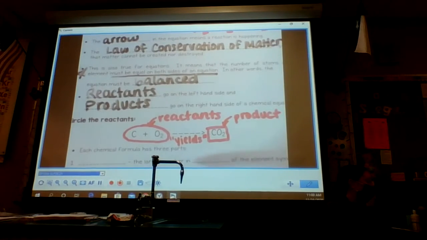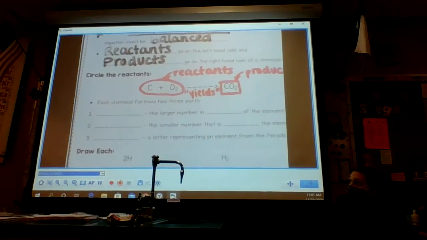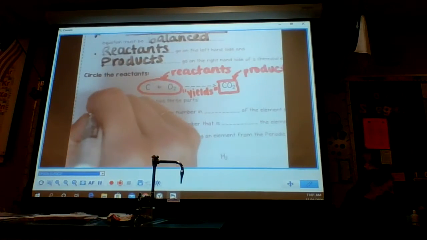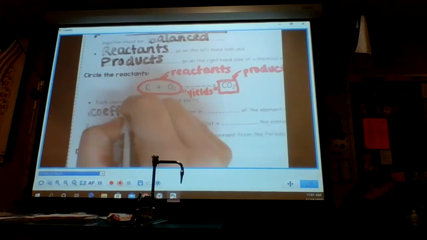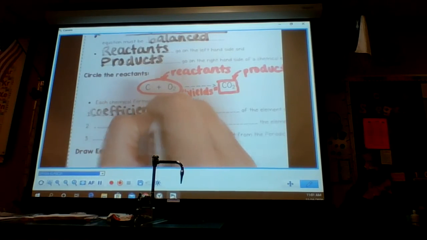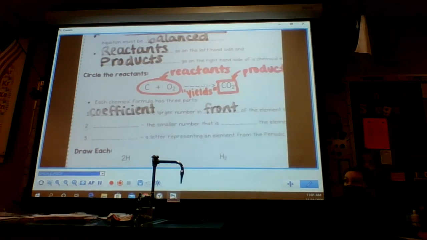This next section is kind of a throwback. Each chemical formula has 3 parts. Last week, what did we call the big numbers in front? Coefficients. That is going to be that number 1 right there. Let me make sure I'm on the screen. There we go. So number 1 is a coefficient, the larger number in front of the element symbol.